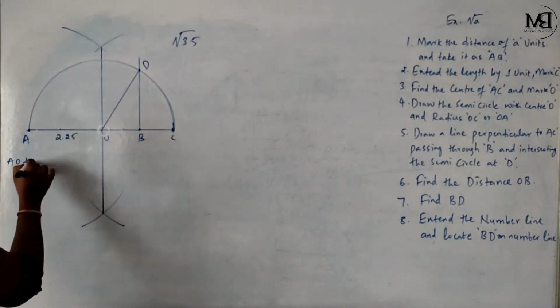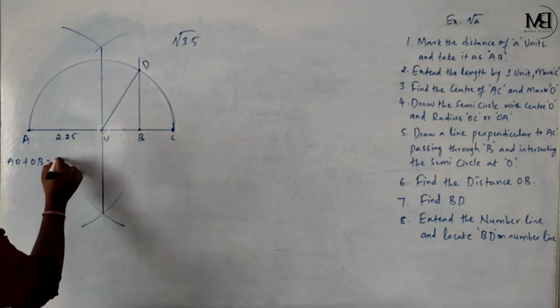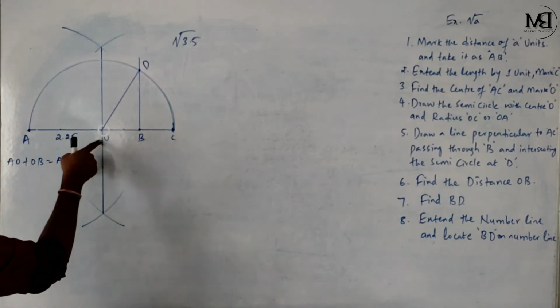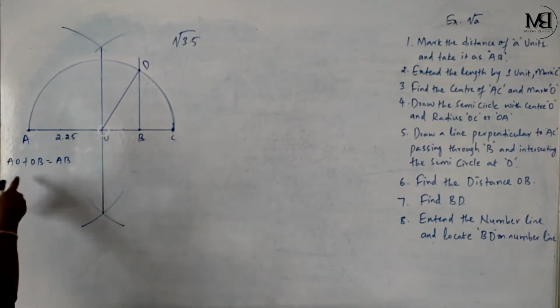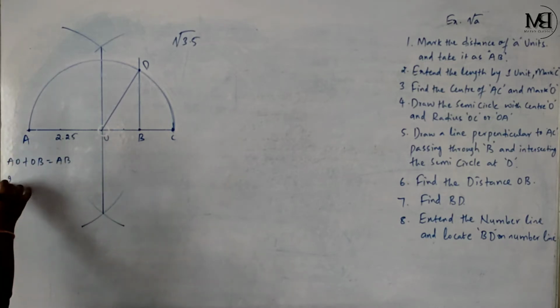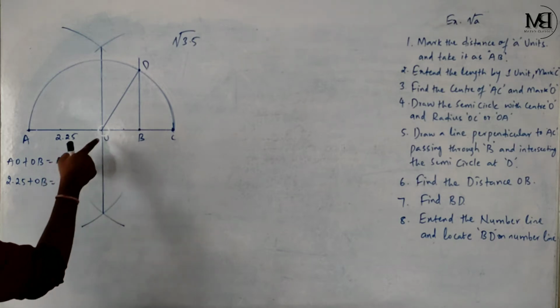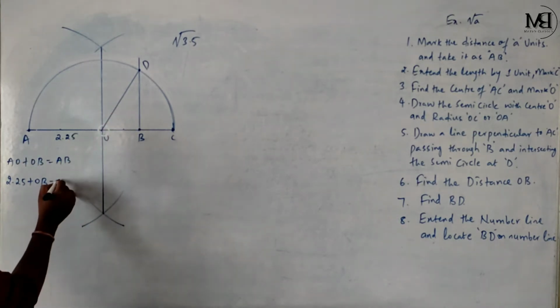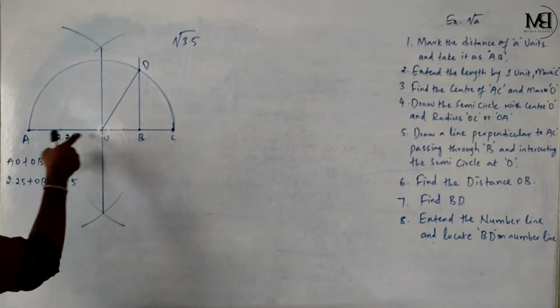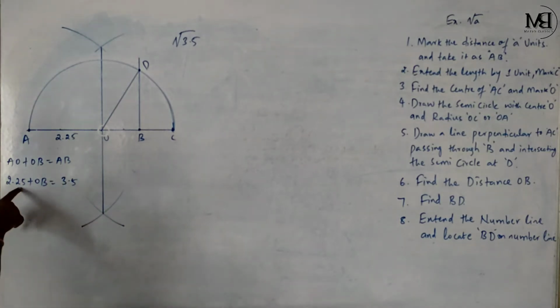Let's see here: AO plus OB is equal to AB. What about AO, children? AO is 2.25 and OB we are going to find. And AB is 3.5. Now this 2.25 you just send to the RHS.